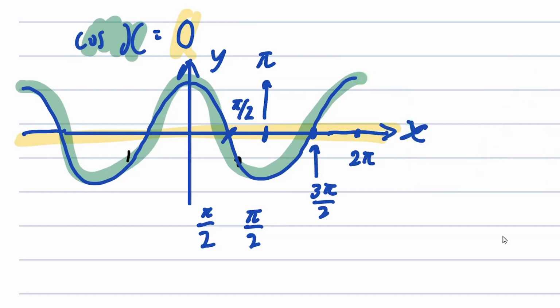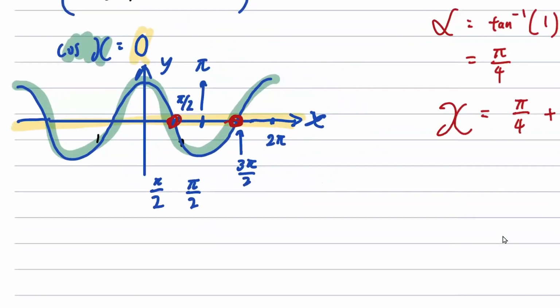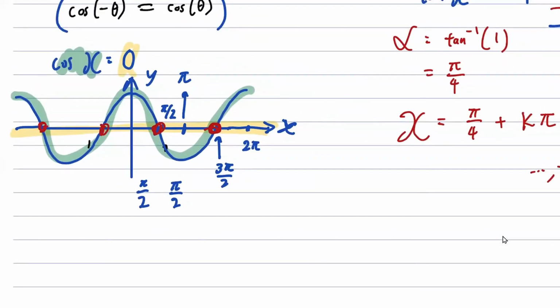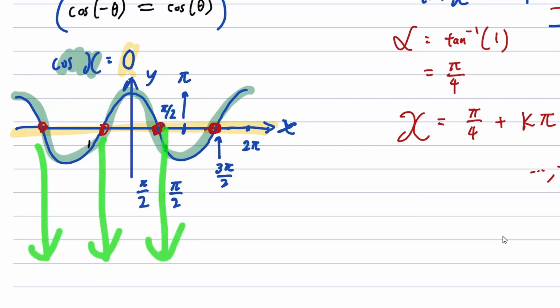Then in this case, what do you notice? Where's the intersection? Over here, and there, and there. So let's try to find a pattern. Can you see a pattern? They are all equally spaced, right?